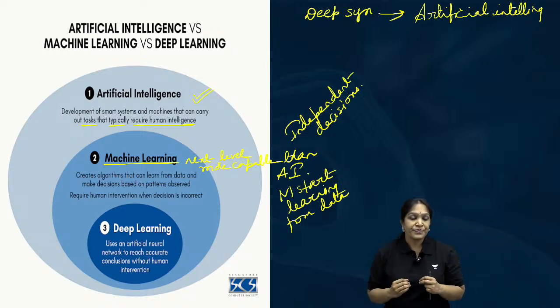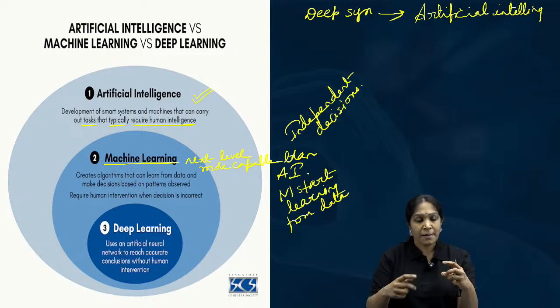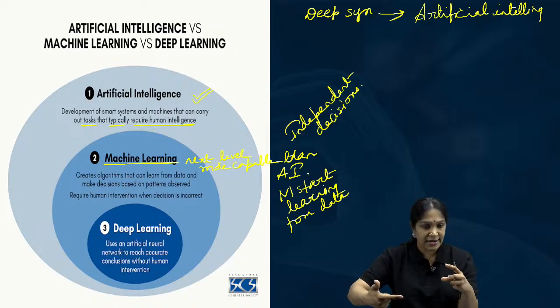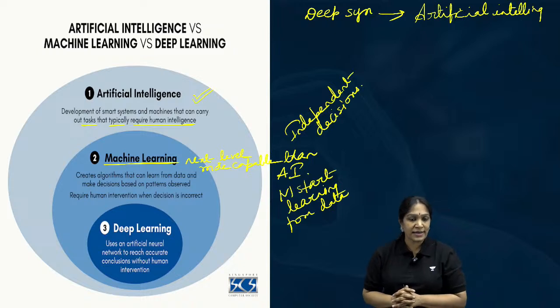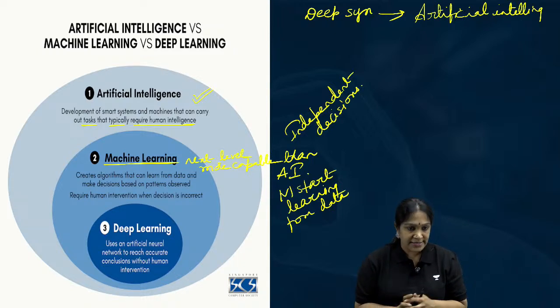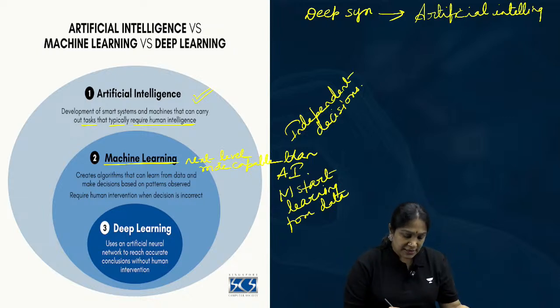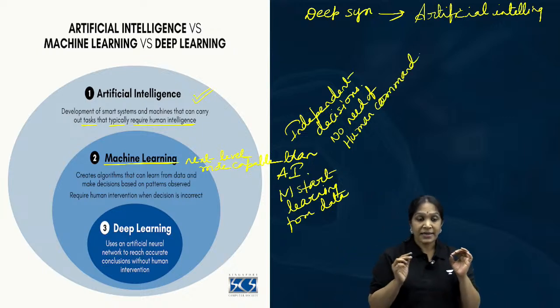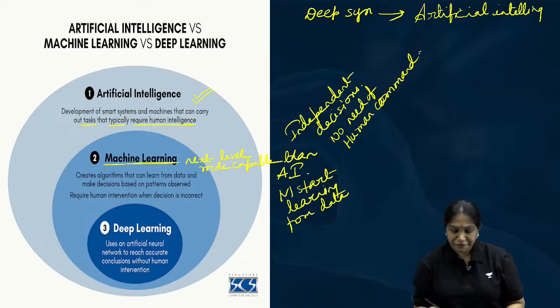So can I say the next level of artificial intelligence is called machine learning, where the machine can take independent decisions, meaning there is no need of human command. But here it is not perfect.